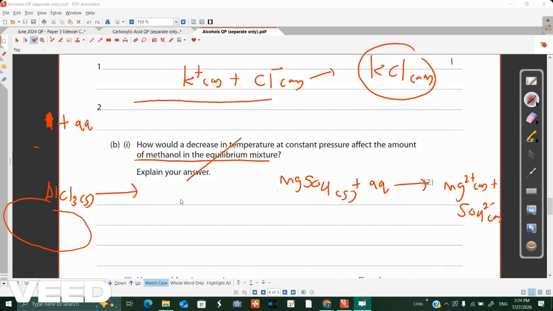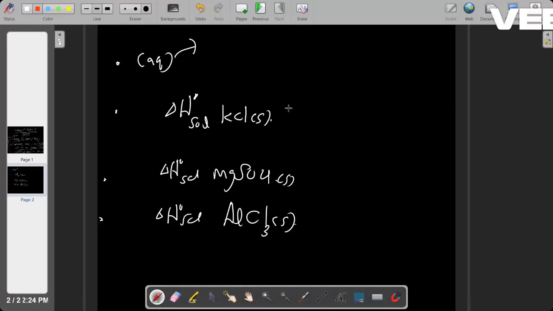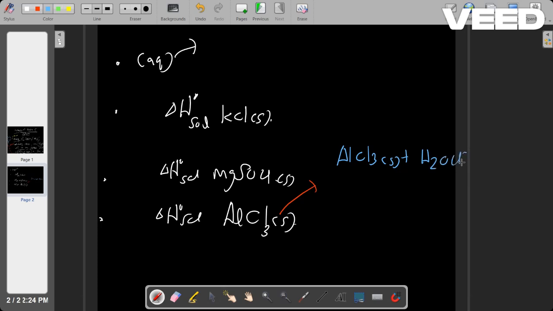Now, if you write your answer like this for this one, remember it is an equation. Both left hand side and right hand side should be equal, the number of atoms. If you are writing it like this, the issue is what? How do you balance it?